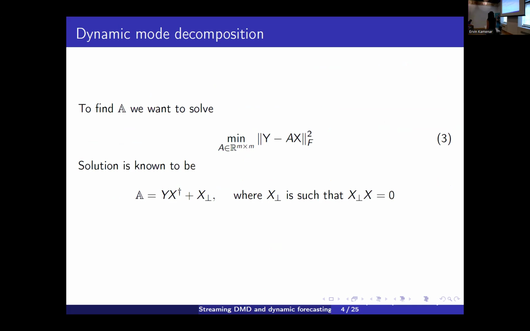And so we usually solve it in this way that we all know. And the problem with having this scenario is that the solution is not unique. So when there is more data than there is the length, this x perpendicular is trivial, 0. But in the case where the snapshots are really long, it's not trivial.